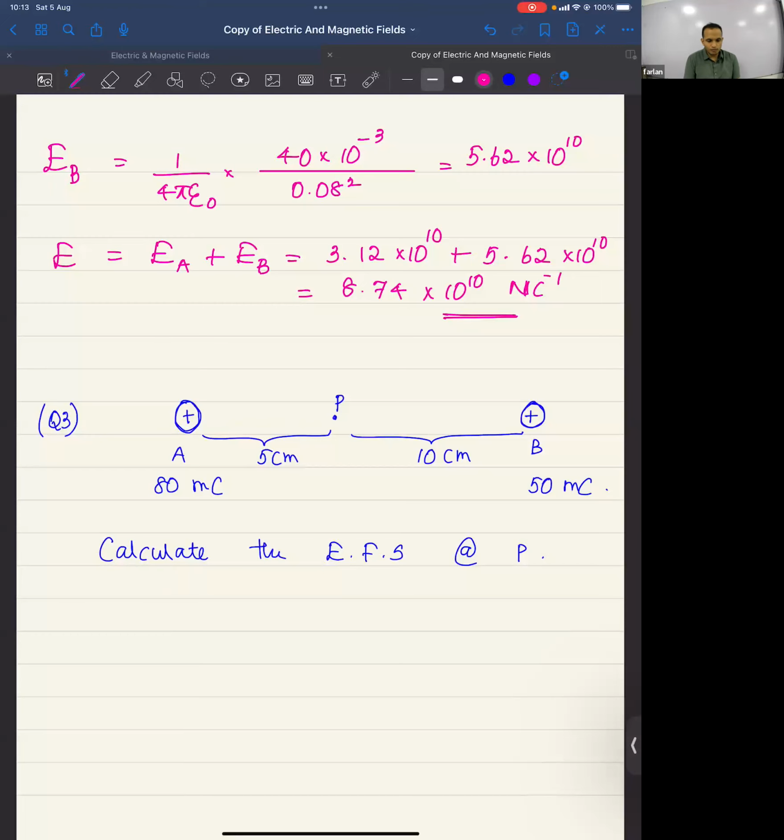B is having a charge of 50 millicoulombs. And the point P is between A and B. A to P is 5 centimeters and B to P is 10 centimeters. Now we have to find the electric field strength at P. Calculate the electric field strength at P.